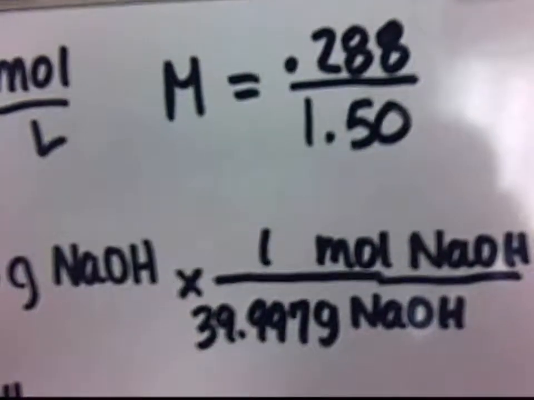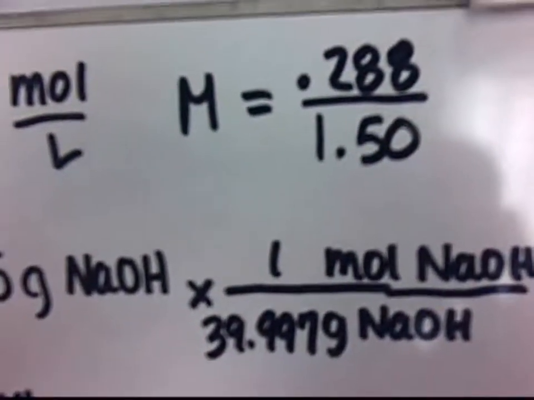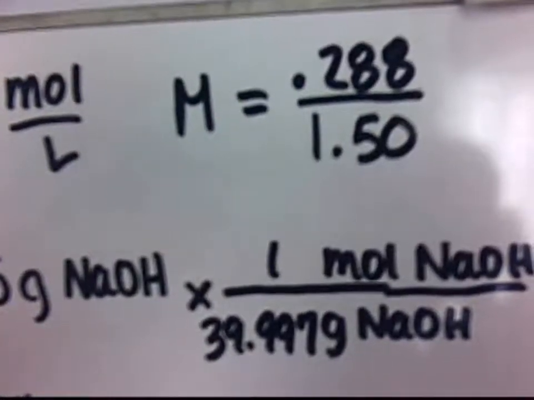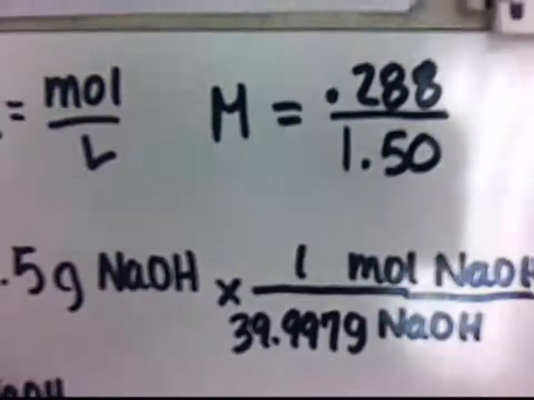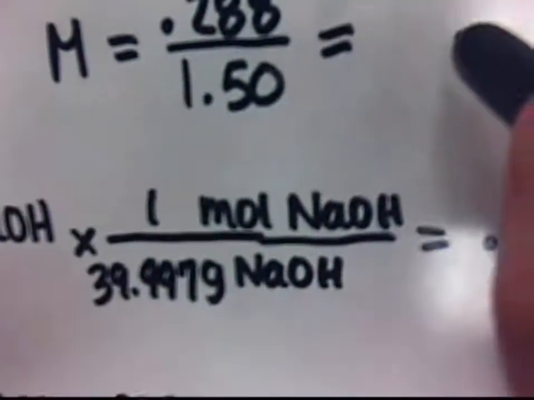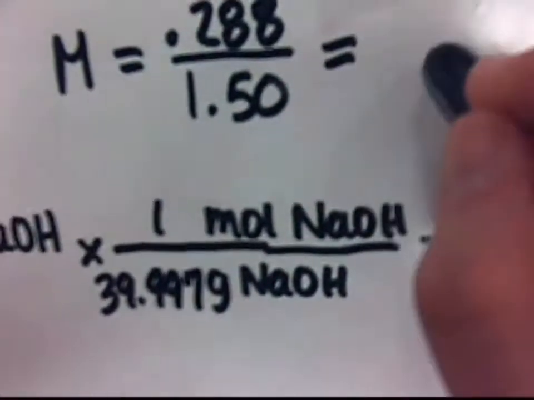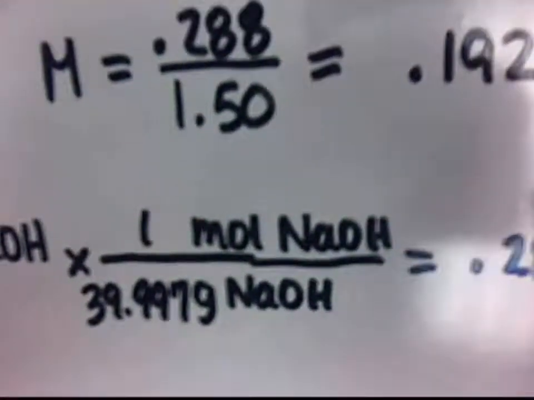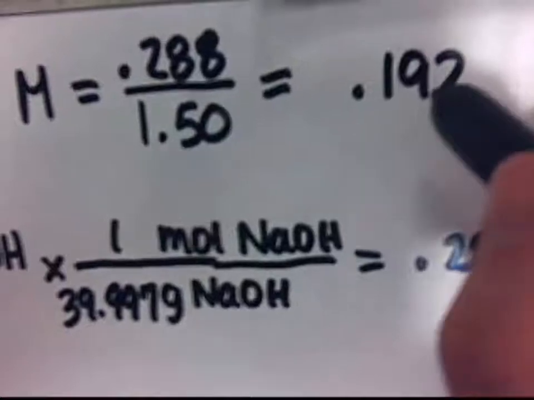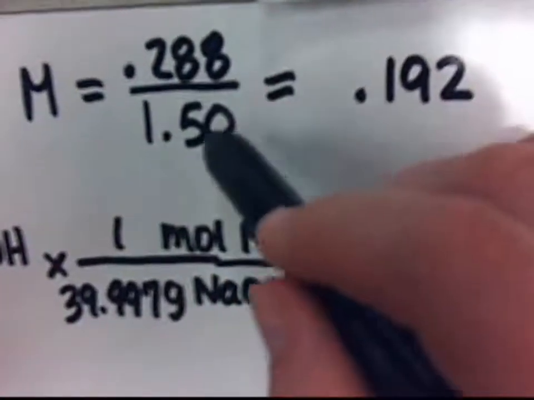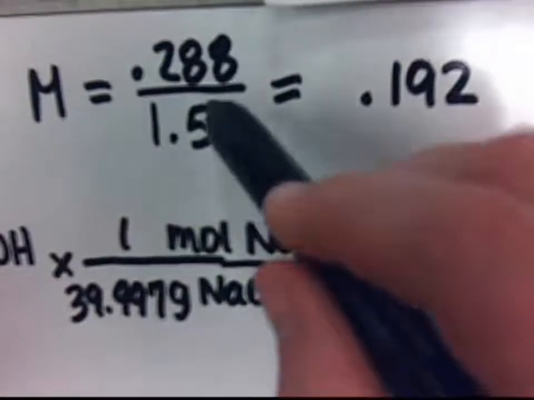Now this is a straight out division problem. So I'm going to take 0.288 and divide it by 1.50, and so I get 0.192 as the molarity. Now, notice that the calculator answer actually is 0.192, and both of these numbers have 3 sig figs, and it's division, so my answer will also have 3 sig figs.